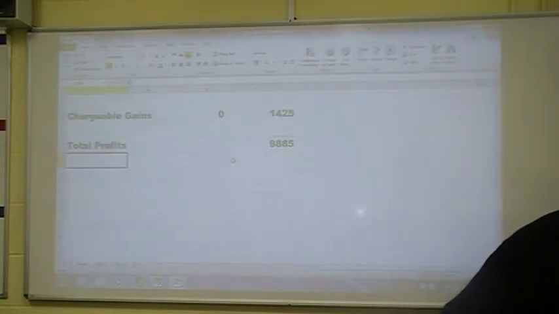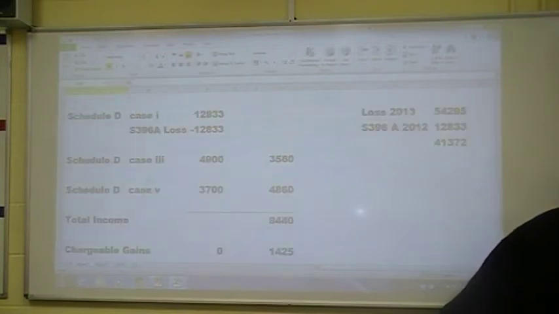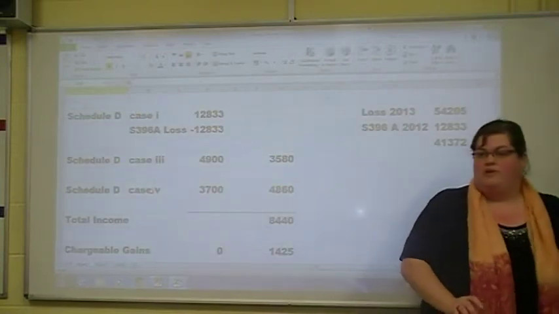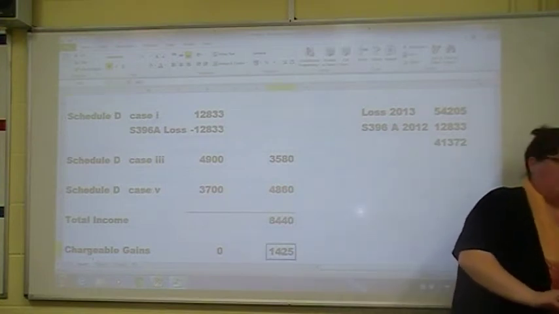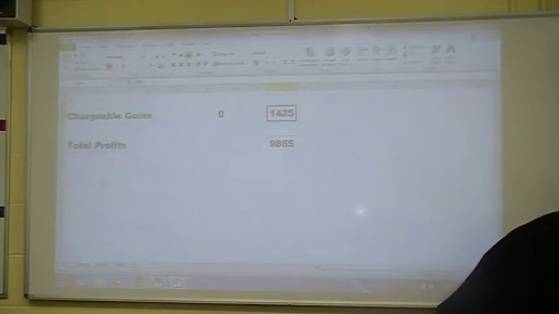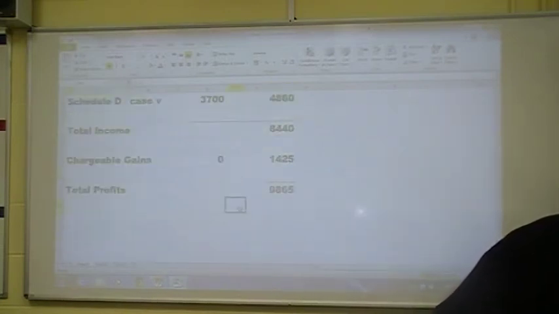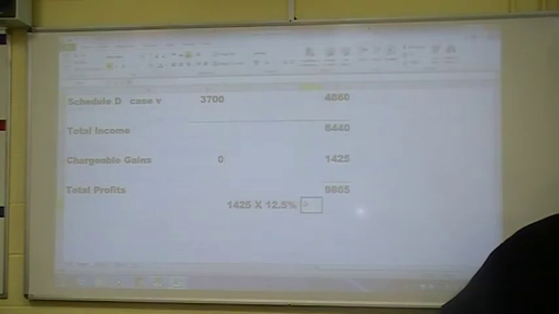Okay, my taxable then, remember our case 3 and case 5 are going to be taxed at 25%, and my chargeable gain is going to be taxed at 12.5%. So I'm going to have 1,425 by 12.5%, and then I'm going to have the remainder at 25%.